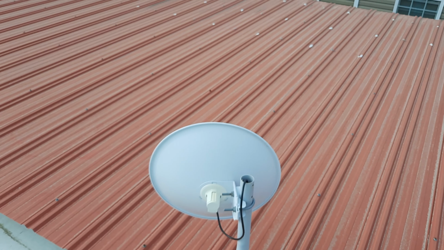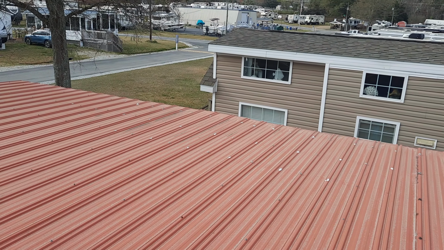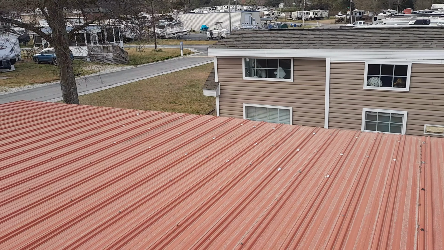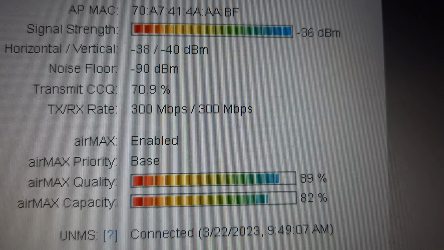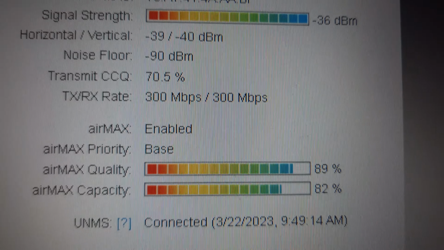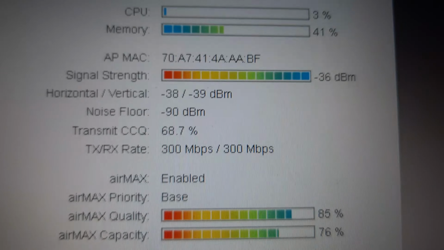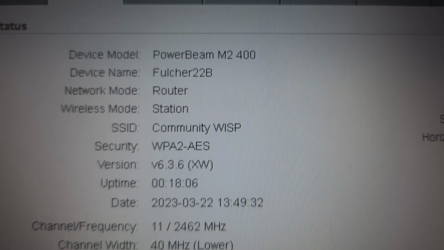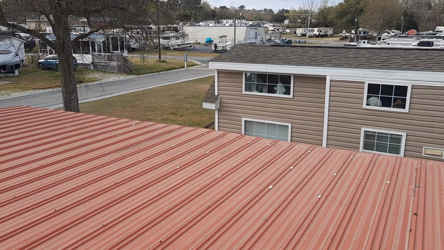All right, we got that one up, connected. And here are the chain numbers of alignment to the AP, which is a little better than what the other one was.